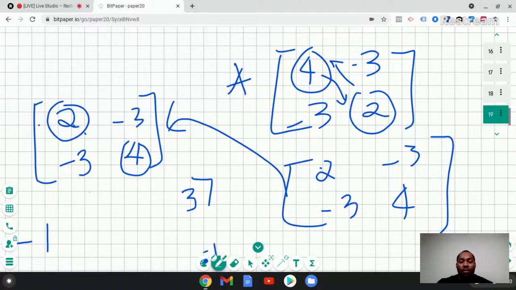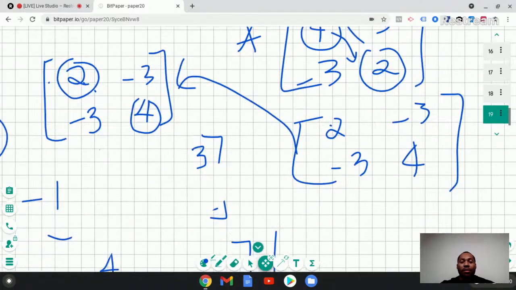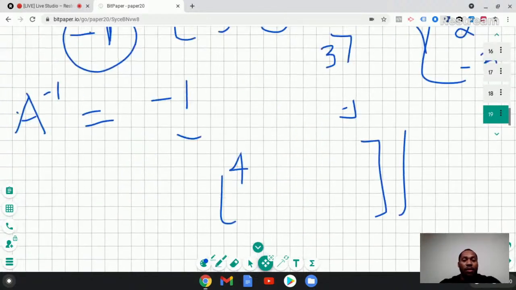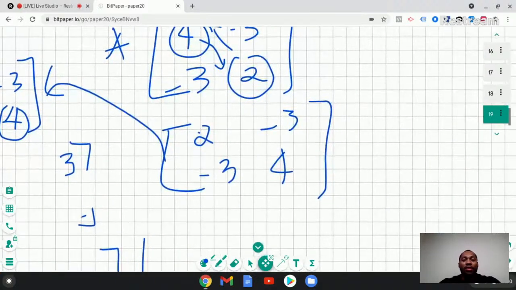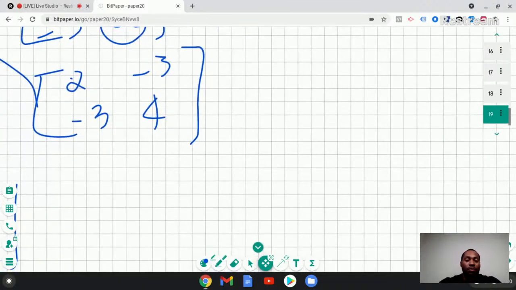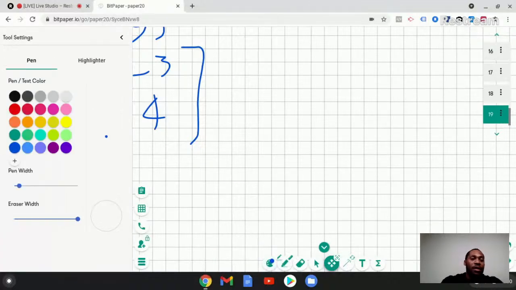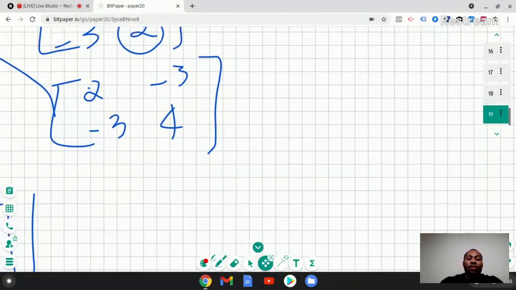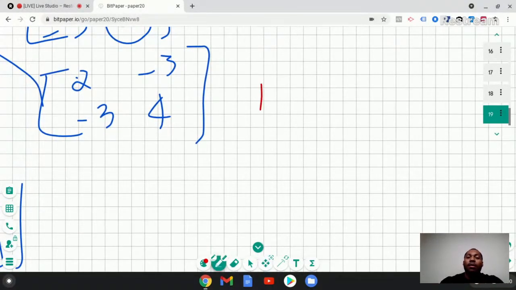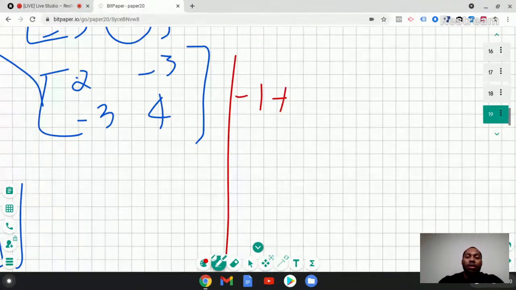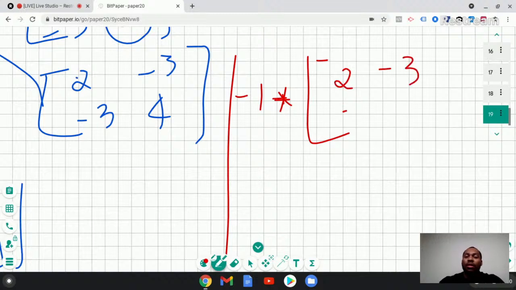So how do we do that? We multiply this by -1. That's all we have, a -1 times this new matrix that we found here. Let me do it right here in a different color for no reason at all. -1 times this matrix 2, -3, -3, 4, right?